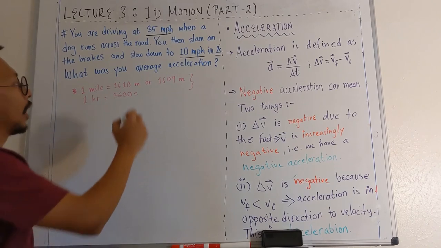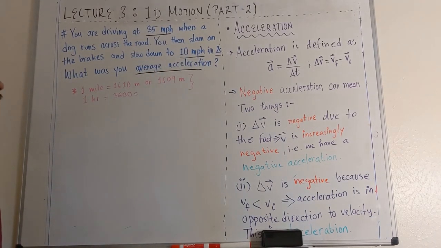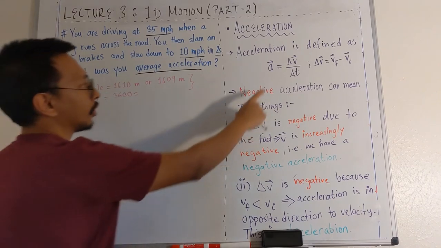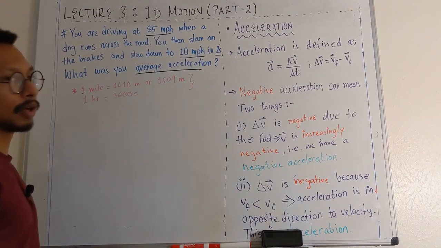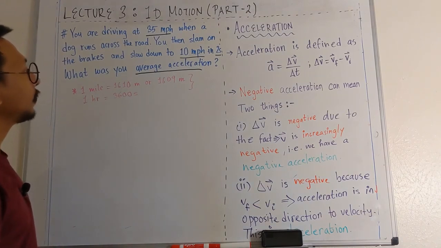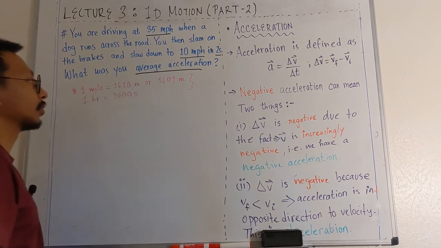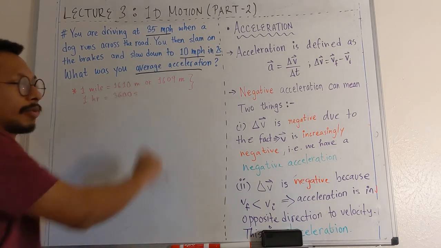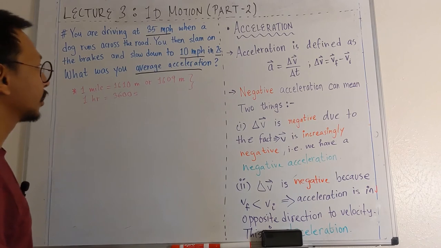What was your average acceleration? We are calculating average acceleration, which is defined as this formula right here. And we're given some conversion factors. 1 mile can be either 1610 or 1609 meters because these two numbers are approximations. And 1 hour is exactly 3600 seconds.